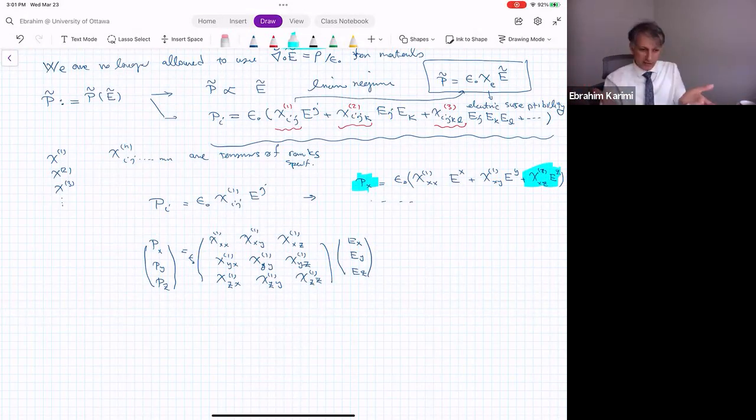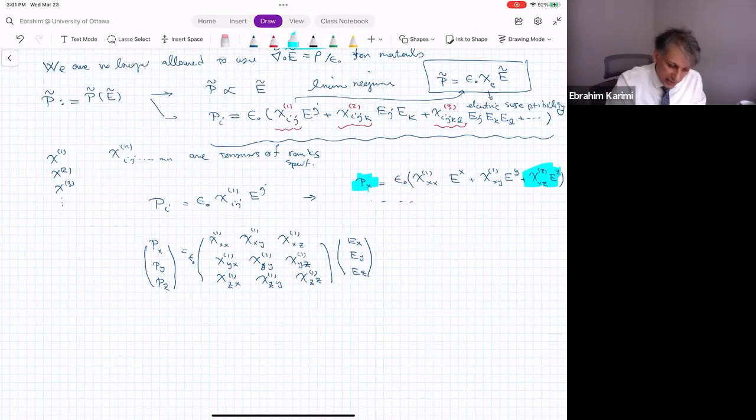We may have materials which have a strange reaction to the electric field. If you apply the electric field in that direction, then you will see that the dipole moment appears in another direction. Okay? Is that clear?